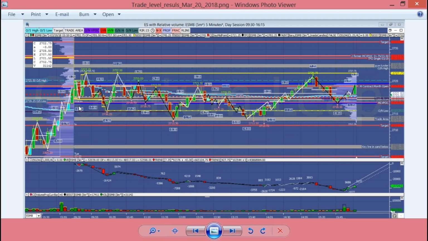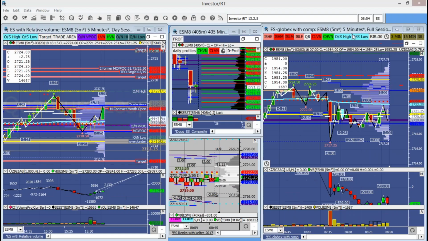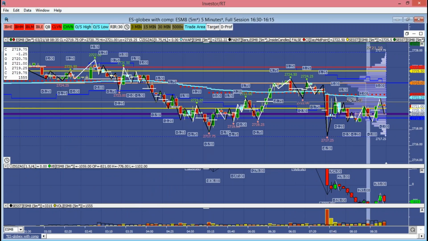And basically we had our balancing day, very strong kurtosis around the VPOC, which was at 2720, right on top of that microcomposite VPOC at 2718, and had an inside rotational day as anticipated by Hypo 1 or Hypo 2.